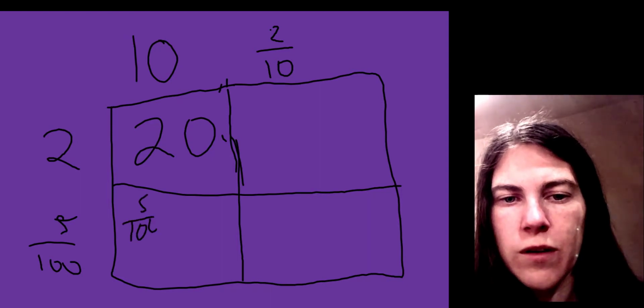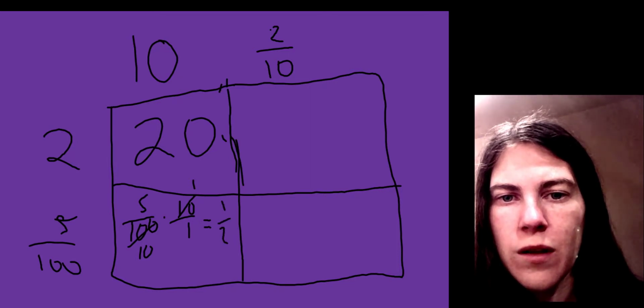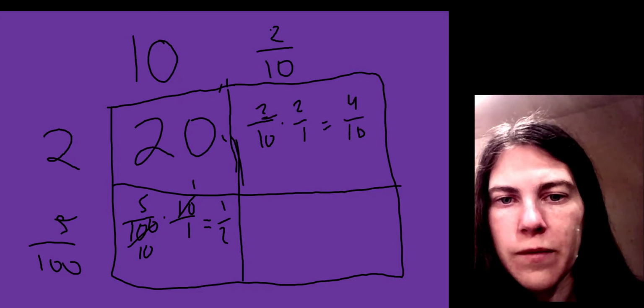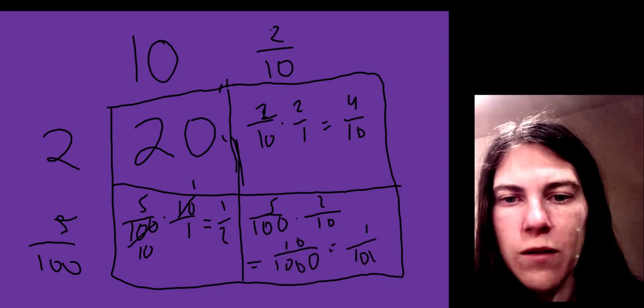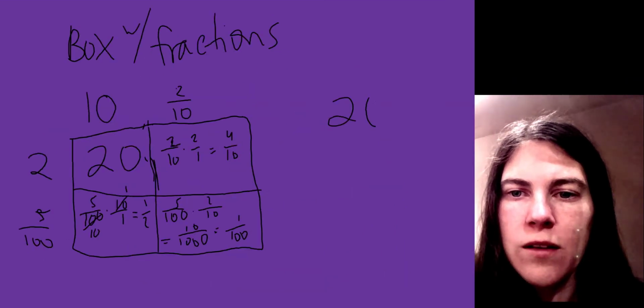So it's 5 hundredths times 10 over 1. You can actually do simplifying. So it's 5 tenths, which is 1/2. 2 tenths times 2 wholes is 4 tenths. And 5 hundredths times 2 tenths equals 10 thousandths, or 1/100th. And then I can add these all up.